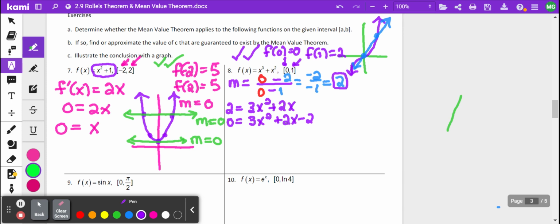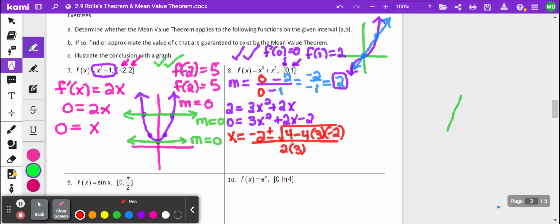So now we have to use, let's see, can you think about it? Quadratic formula. It's been so long. So remember, it's the opposite of b, plus or minus the square root of b squared minus 4ac, all divided by 2a. I'm going to run out of room for sure.